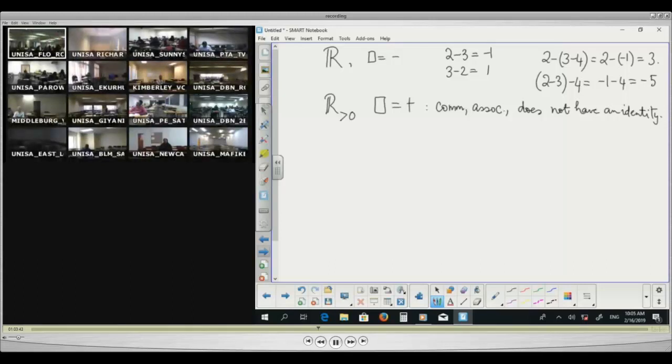Yeah? Now, suppose box is a binary operation on V with an identity.